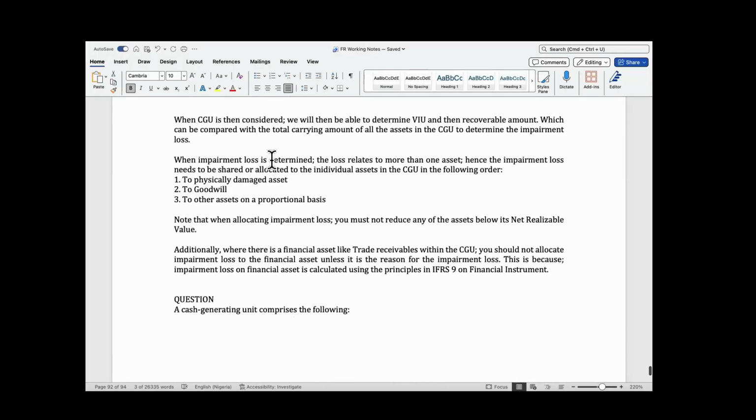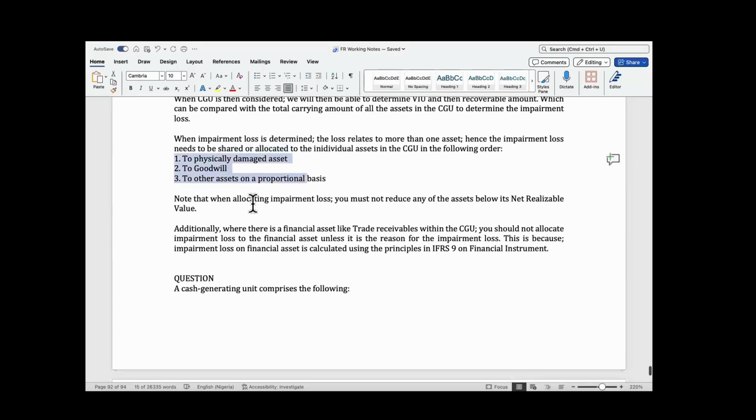And when you determine your impairment loss, the loss relates to more than one asset. So the impairment loss needs to be shared or allocated to the individual assets, in this order. And when you're allocating, make sure that you don't reduce any of the assets below its NRV.